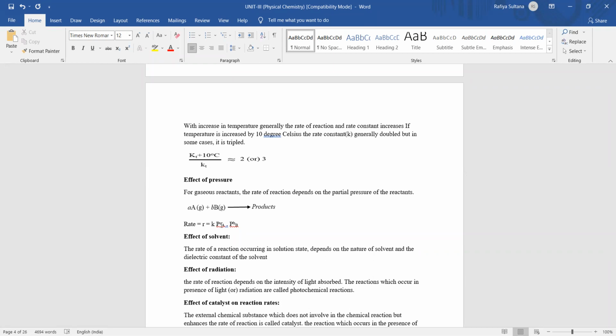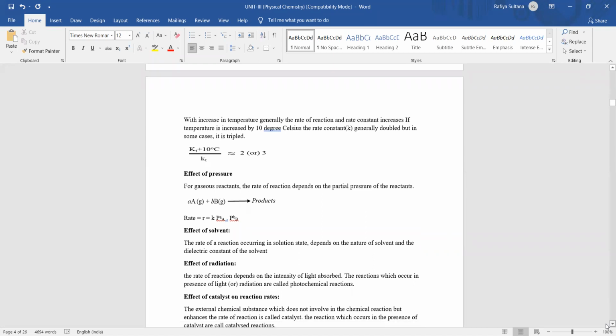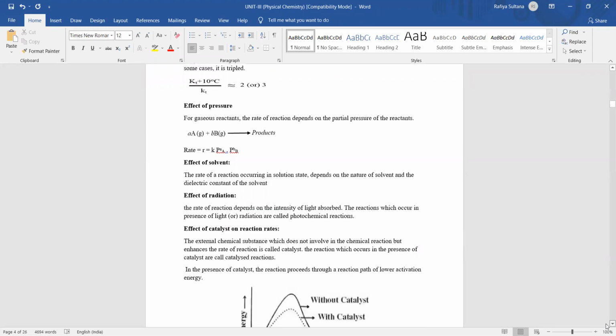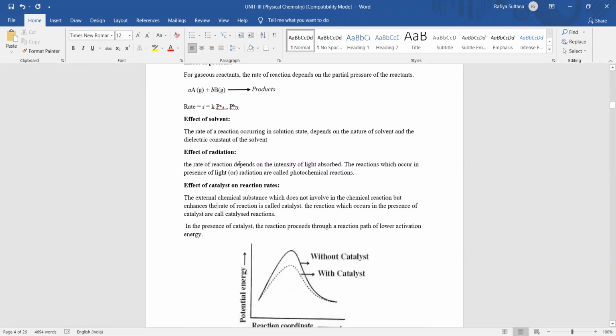More number of reactant molecules, which means there is a lot of pressure. So an increase in pressure also increases the rate of a reaction. And effect of solvent. The nature of the solvent also exhibits its own character on the rate of a reaction. These are not very important. Effect of solvent and effect of radiation, you can skip these two.